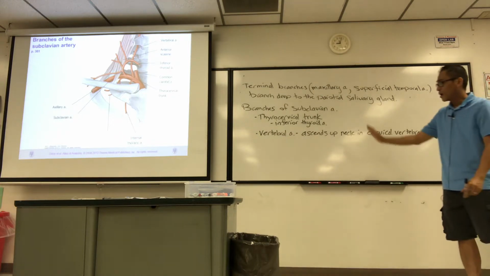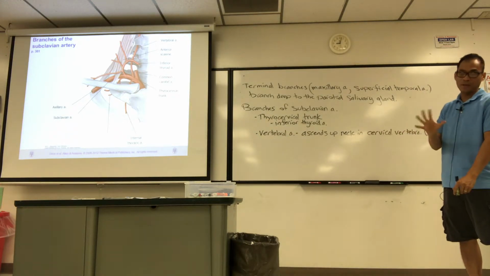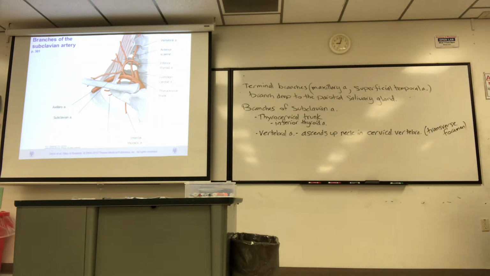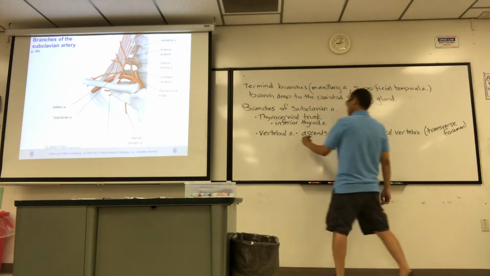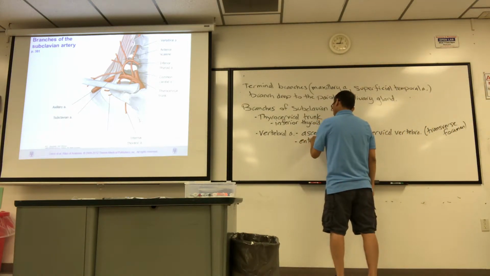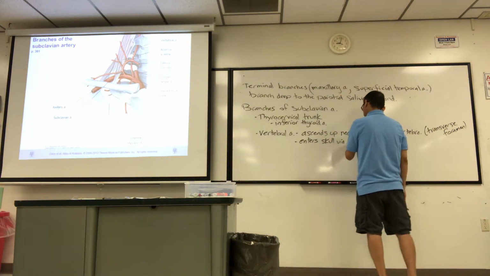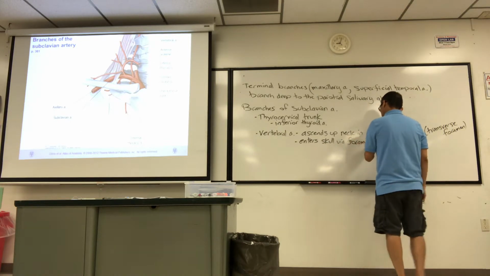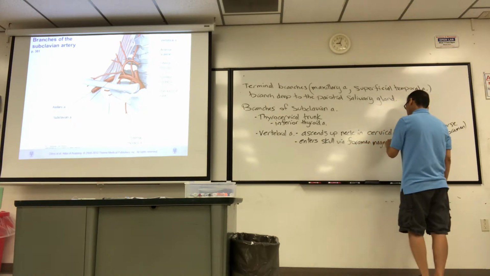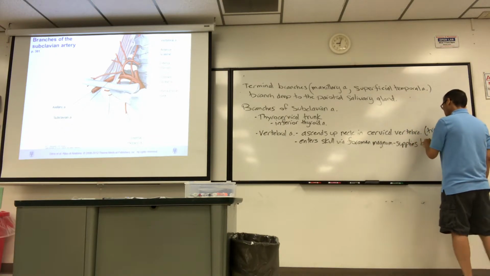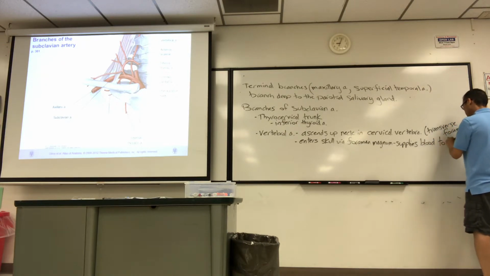Anyways, vertebral, important. It's the other source of blood for your brain. The ICA and vertebral are the only two arteries that enter the skull to supply blood to the brain. Inner skull. The foramen magnum supplies blood to brain.